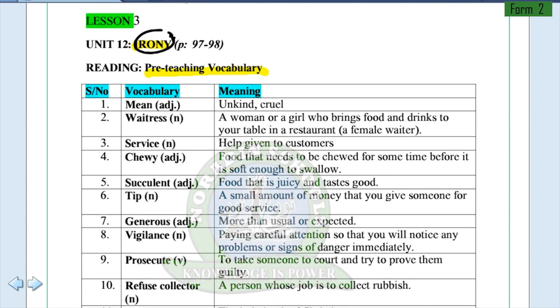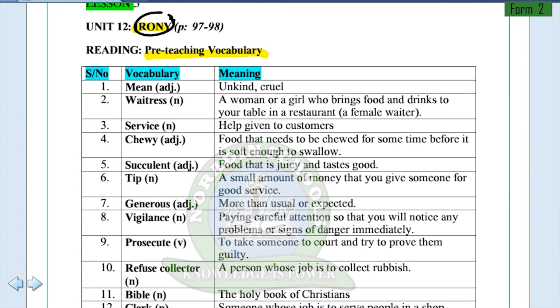We have here a list of vocabulary which has been organized in chronological order. We will see the meaning of these words. For example, mean: unkind or cruel. When you say, I know that word, there is something you have to know. You have to know its meaning.